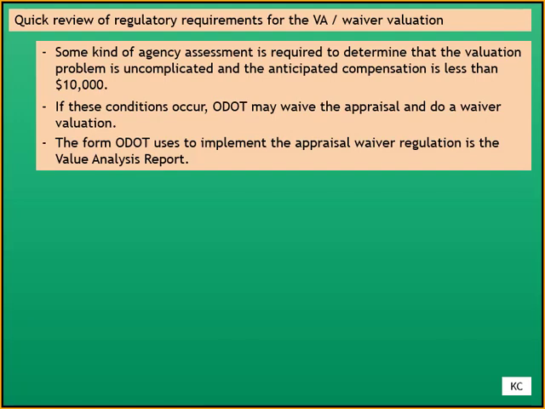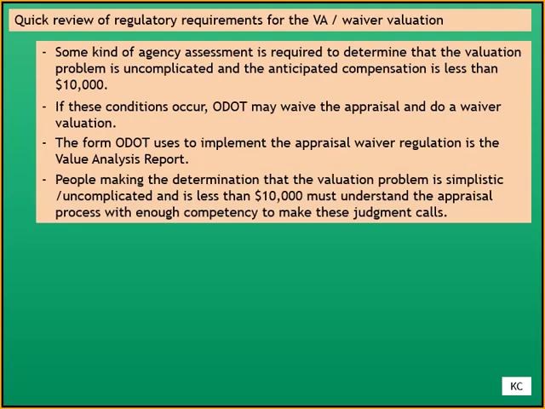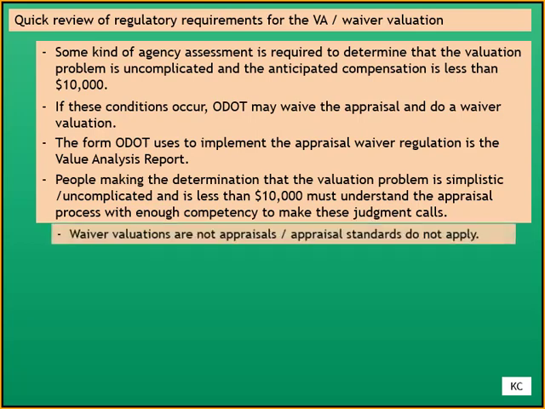The form ODOT uses to implement the appraisal waiver regulation is the Value Analysis Report. And people making the determination that the valuation problem is simplistic and uncomplicated and less than $10,000 must understand the appraisal process with enough competency to make these judgment calls.